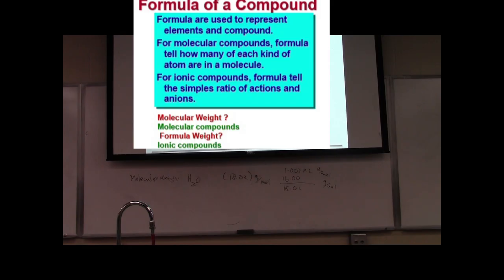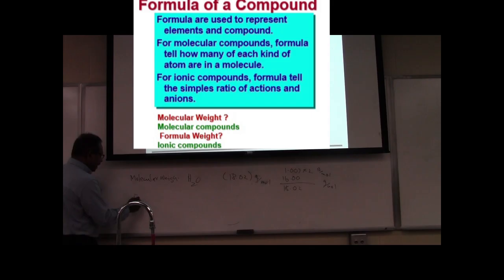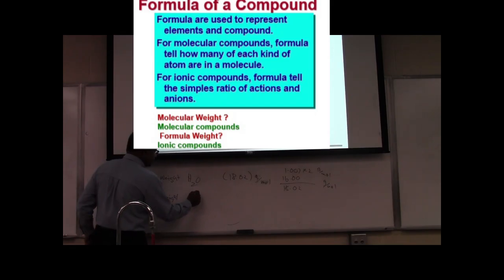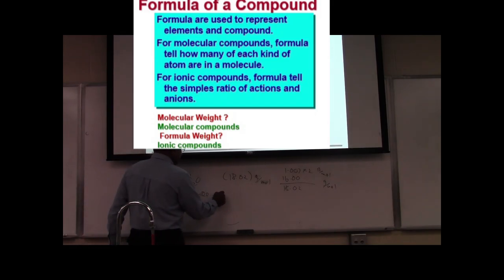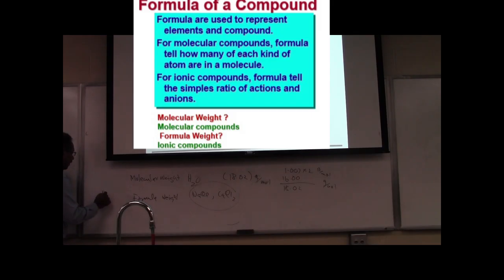What is the formula weight? An ionic compound has a formula, but it's not a molecule. We use formula weight for things like sodium chloride, calcium chloride. When you calculate this, it is called formula weight. This is called molecular weight.